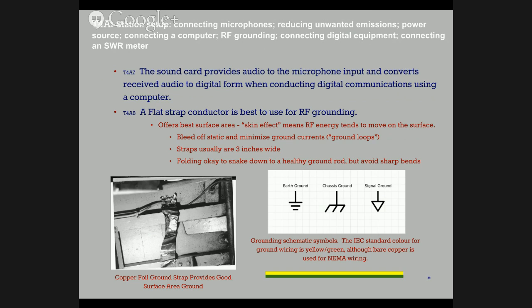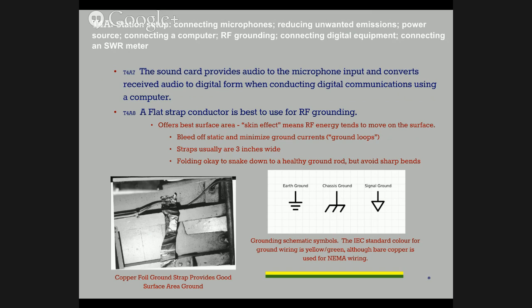In grounding systems, we want something with a high surface area, flat strap conductor, which is named because it is, well, flat. It's generally a rolled flat piece of copper. Sometimes it's also a braid, a copper braid. Those work extremely well for RF grounding systems. And the reason why is because alternating current, especially, will tend to travel on the surface of the conductor, which is called the skin effect.